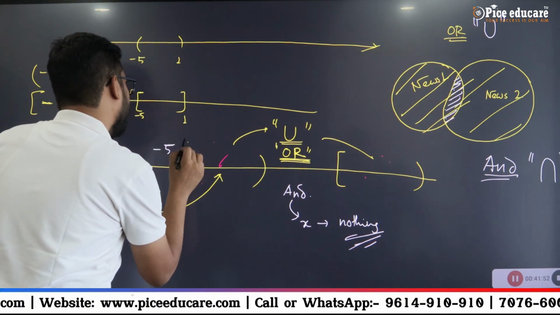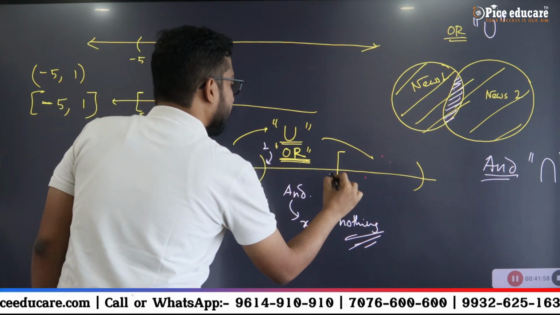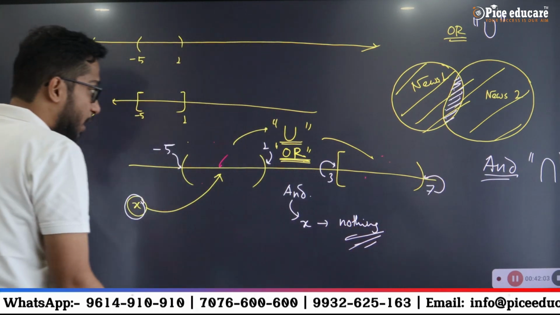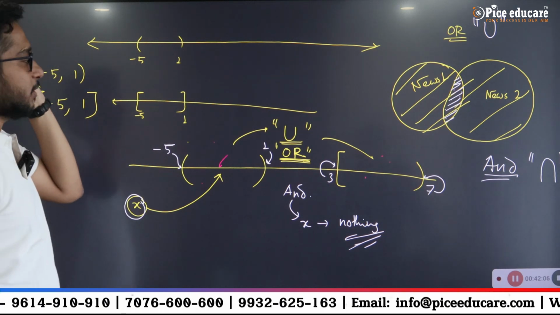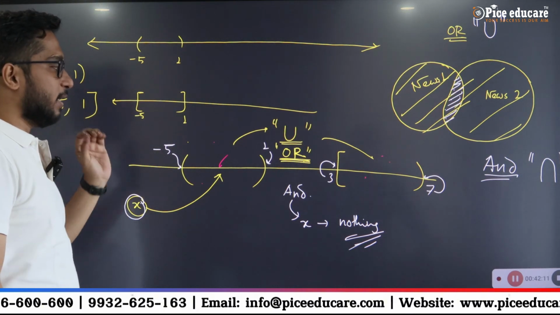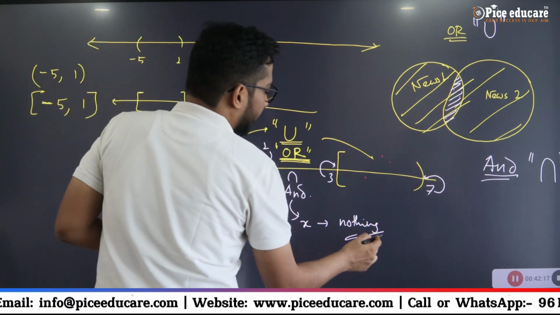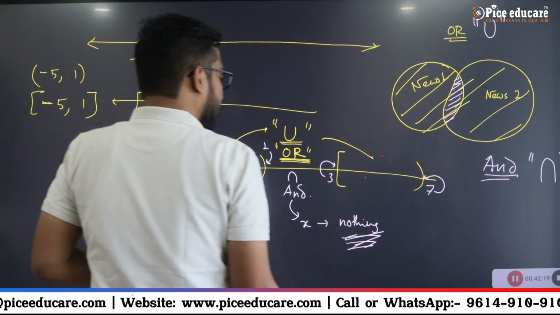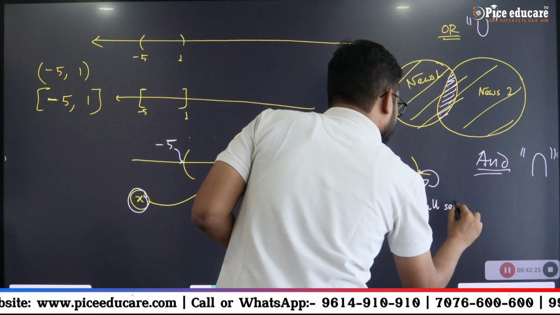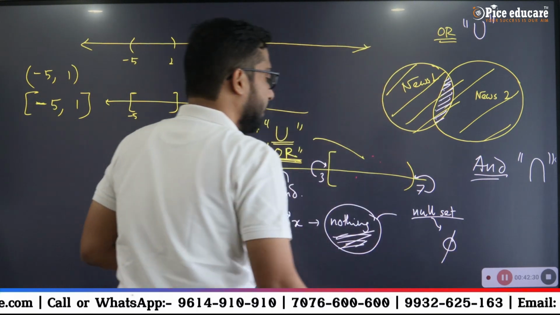Let this number be minus 5, this is 1, this is say 3, and say this is 7. If my x is within minus 5 and 1, it can't be at the same time within 3 and 7. So if I say what is the intersection of these two intervals, my answer is nothing. In set theory, this nothing is known as null set, and it is represented as phi. It's a Greek letter.